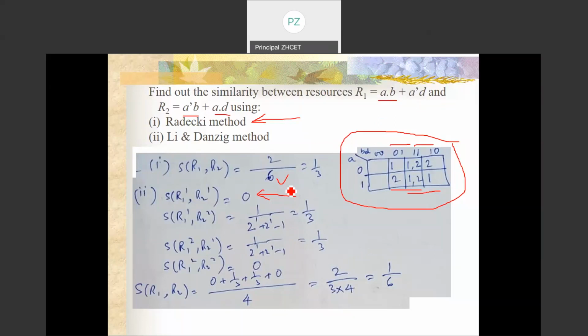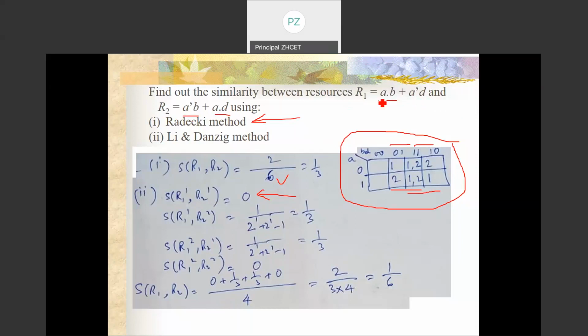Now I'll take the second product term of R1, which is R12, with the first product term of R2. So essentially A'B with A'D. Now here both of them have the complement A dash. So it will not be 0. Had one of them been A, the other A dash, then only it would have been 0. If both of them are complement, then it will not be 0, right?